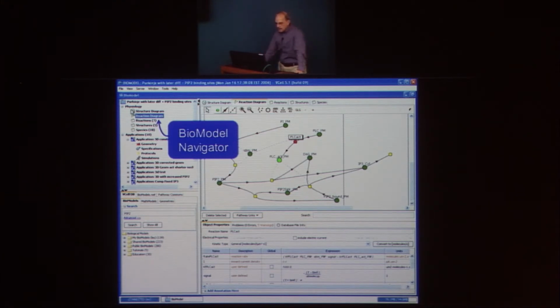Importantly, the physiology is the top of the tree, and underneath that we have a series of applications. This particular model has 10 applications. Each application can invoke a different kind of solver, for example, stochastic or deterministic. It can also use different geometries or different geometry specifications, different initial conditions, sort of virtual experiments.